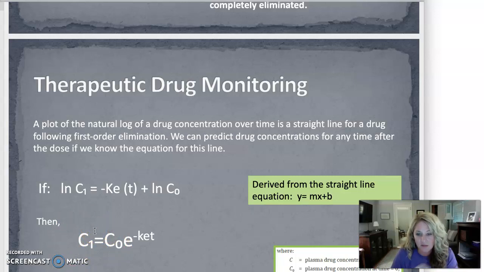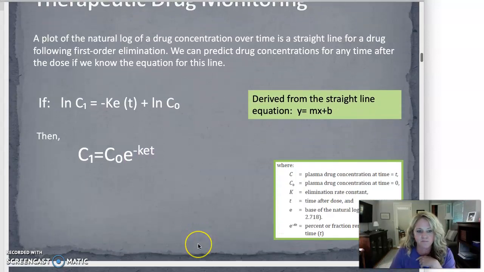You can use it downstream, so you can predict a concentration in the future. Or if you have a trough level and you want to backtrack to see what the predicted peak would be, you can plug it in here, only you would change this from a negative to a positive. If you're going back up the slope, it's positive. If you're going down the slope, it's negative. And this T becomes the time difference between the two concentrations that you're looking at.